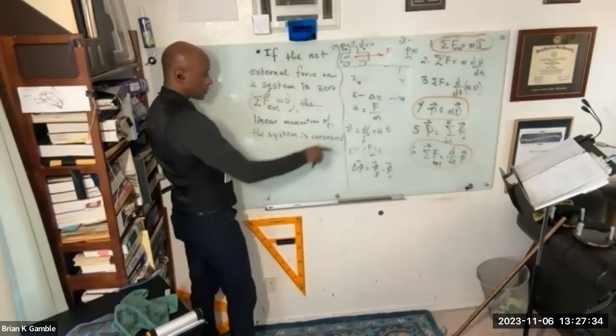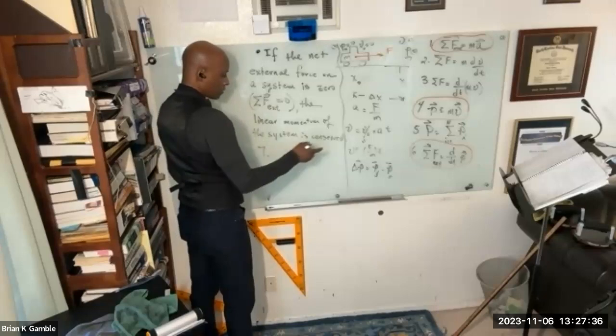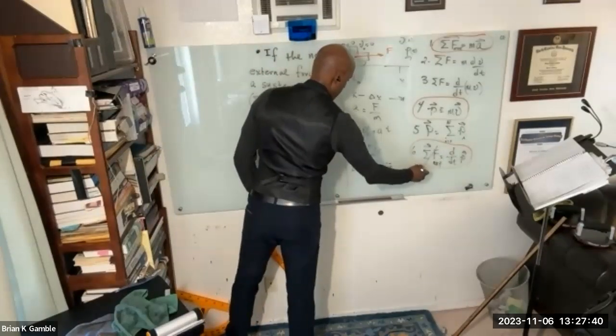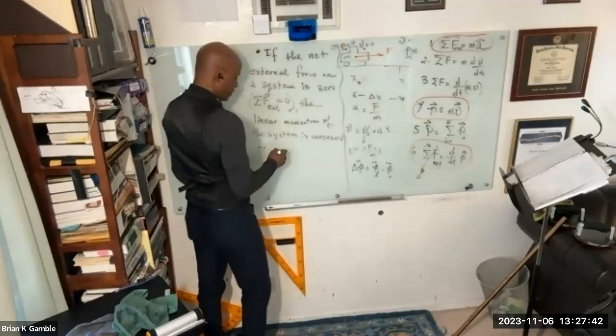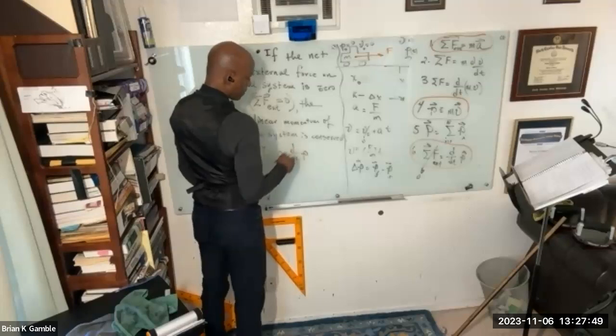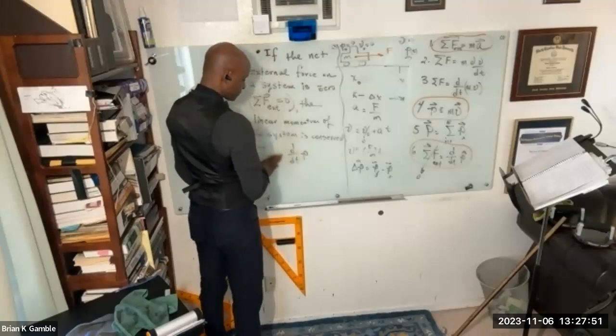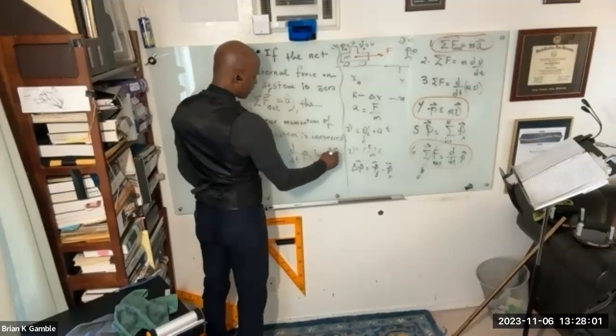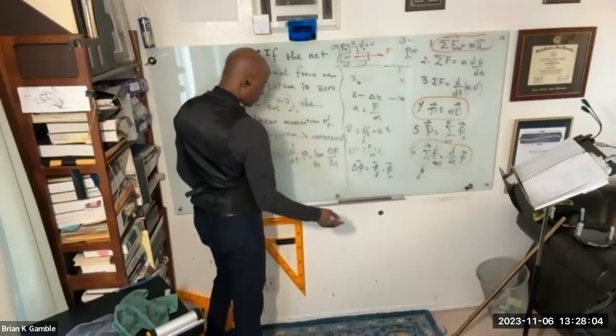And so you can see from the equation over there that this goes to zero. We have zero equal to dp/dt. But remember, in calculus, by definition, that's just the limit as delta t goes to zero of delta p over delta t, right?